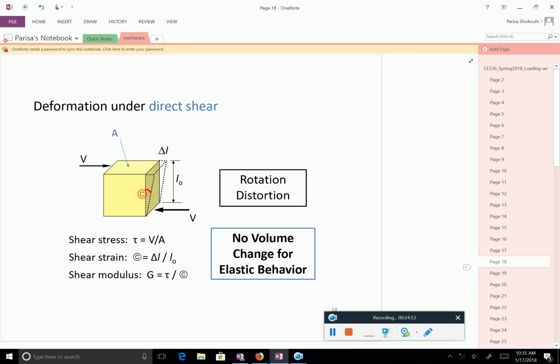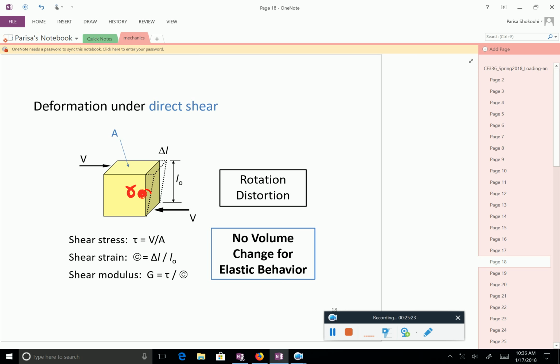Remember, shearing is all about distortion. There will be no volume change. So all which is happening is this cube is not a cube anymore. It becomes a little bit distorted. And to measure that, this is supposed to be gamma. That's a typical letter that we use to show shear strain.